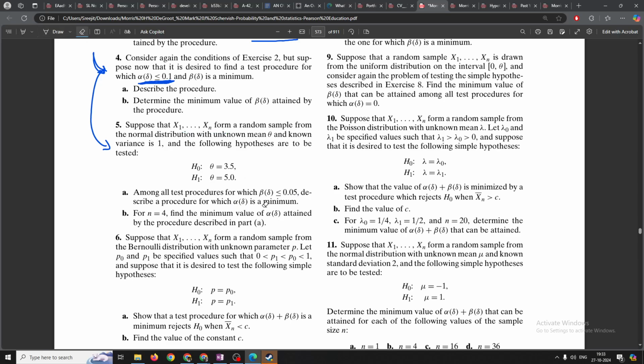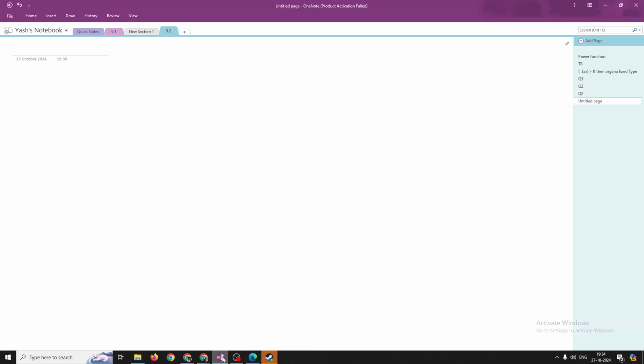So x1 to xn is a random sample from a normal distribution with mean theta and known variance 1. This is the hypothesis that we need to test such that beta is this and alpha is minimum. This is question number 5.